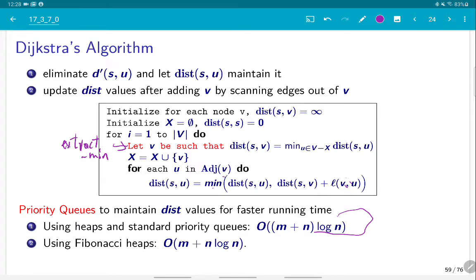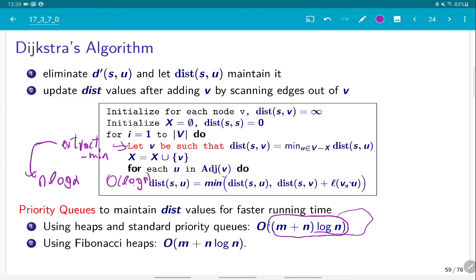For every edge in the graph, we check the new candidate price, and maybe this price decreased. And if it decreased, we need to reinsert it into the queue with the new price, right? So if you do it naively, that takes log n per edge. So overall, we will get m plus n times log n.